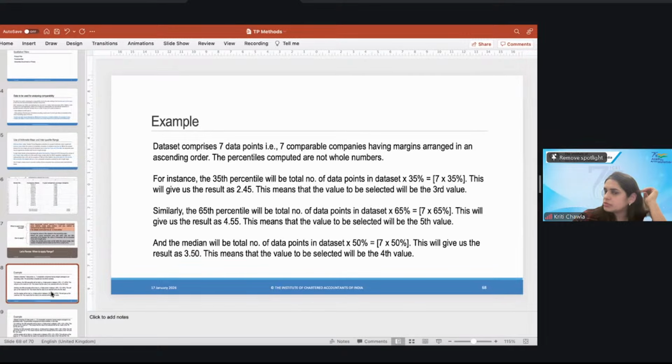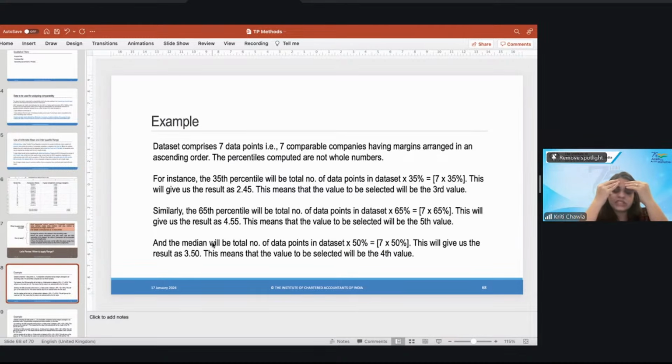Let's say that the data set that we have, again, but are the slides visible? Okay. So now, in terms of understanding how you calculate the range, the data set comprises 7 data points.